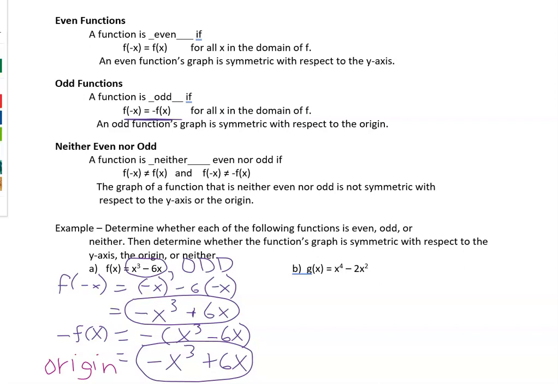Now let's move on to our next example, where we have g of x equals x to the fourth minus 2x squared. Again, the first thing I'm going to test for is to see if it is even. So I'm going to find g of negative x and see if those two functions are equal. So I have negative x to the fourth power minus 2 times negative x squared.